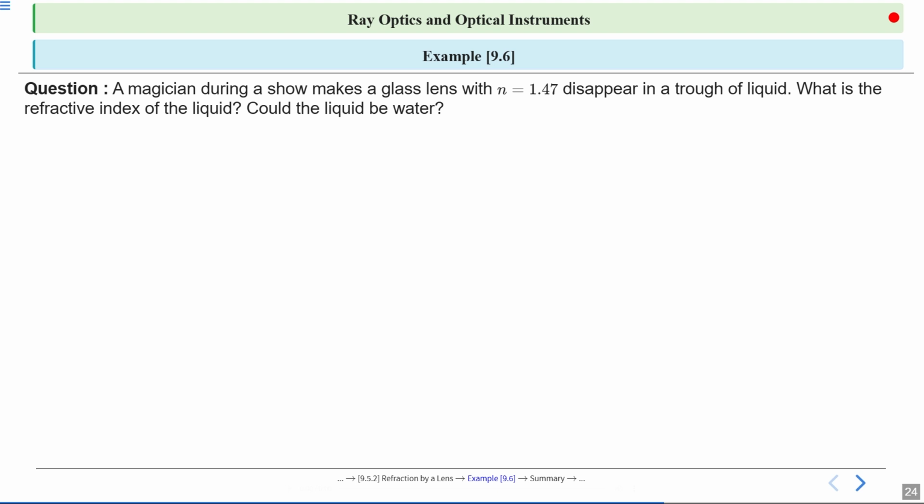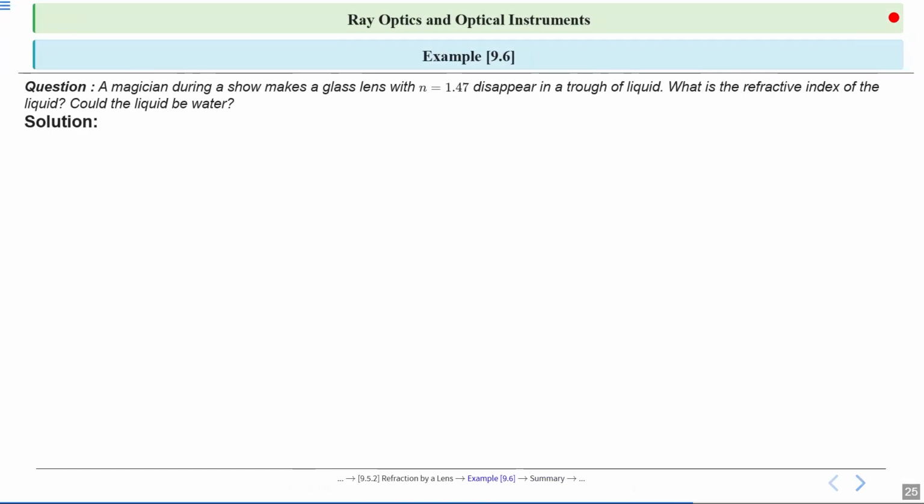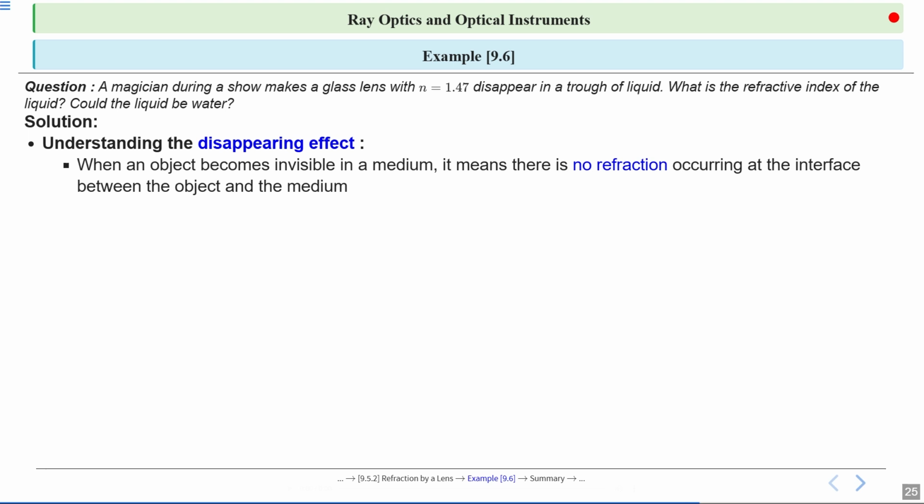Okay, let's see. Understanding the disappearing effect, why the glass lens is disappearing in the liquid. When an object becomes invisible in a medium, it means there is no refraction occurring at the interface between the object and the medium. So light is not bending, no refraction is occurring.